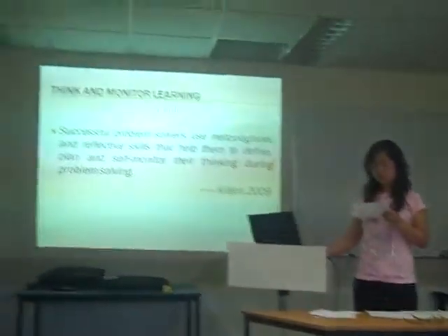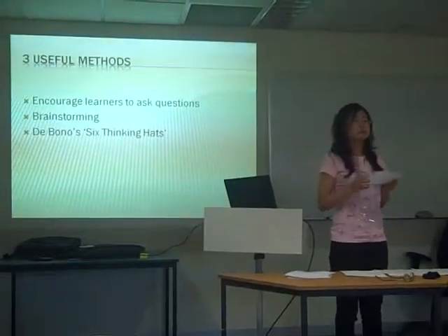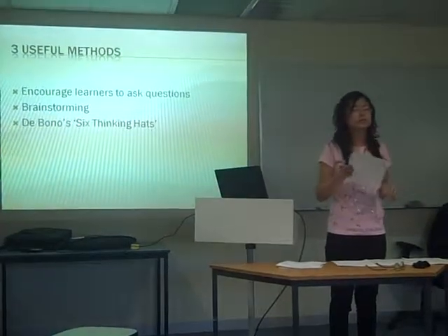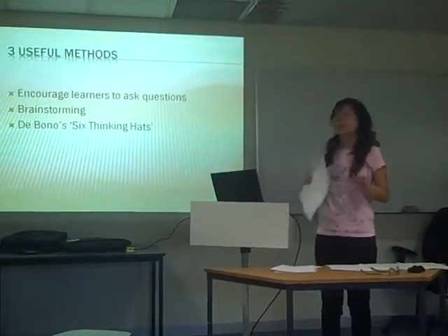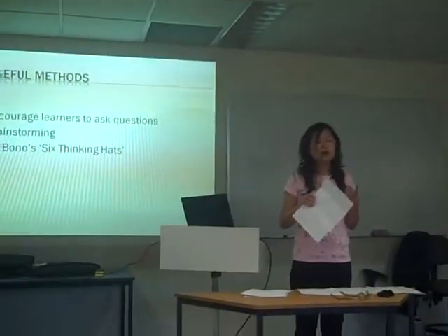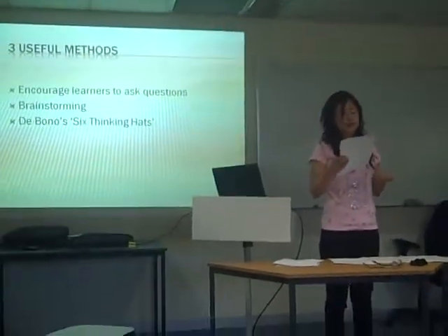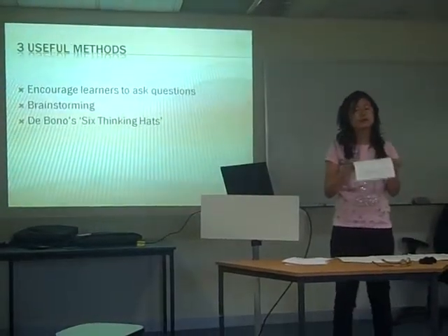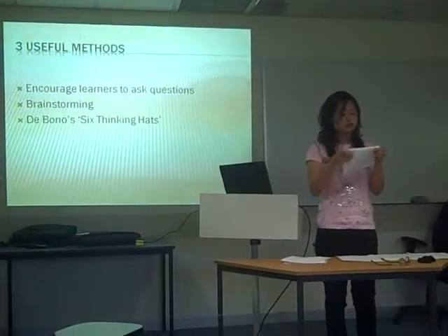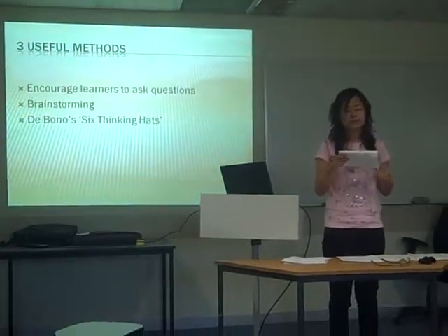Here are 3 useful methods you could consult to help learners develop reflective and cognitive skills. First, encourage learners to ask questions such as why, how, and what. Then use brainstorming to emphasize the importance of sharing and accepting ideas. Finally, teach the learners how to use de Bono's thinking hats.